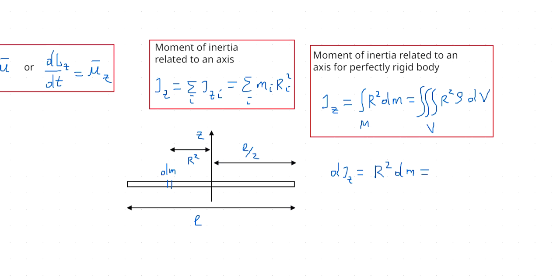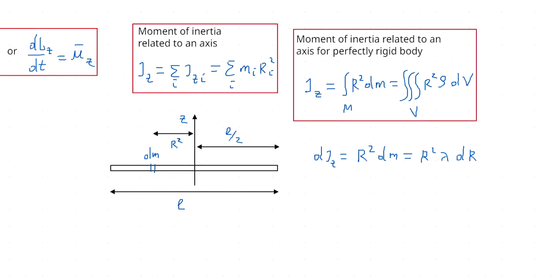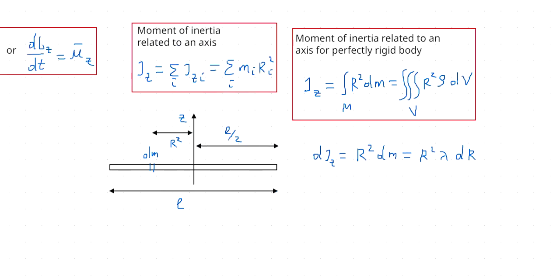And it can be written in another way. It can be written as r to the power of 2 lambda dr. And what is lambda? Lambda is linear density.